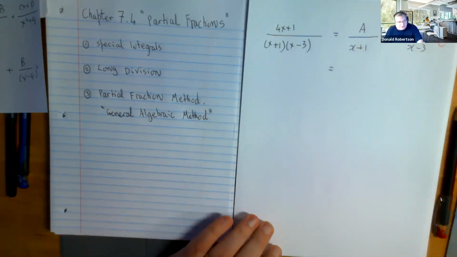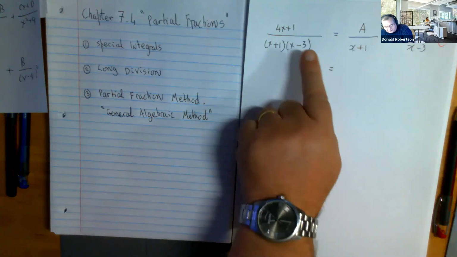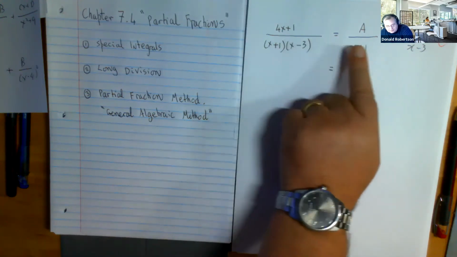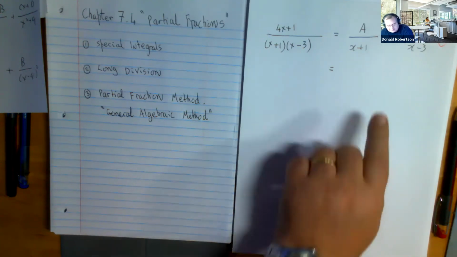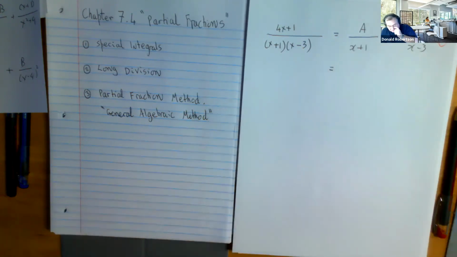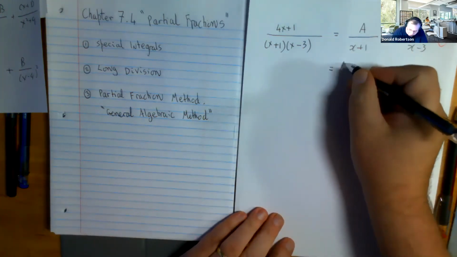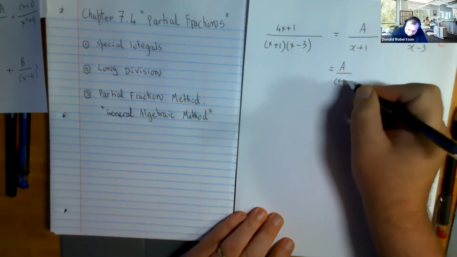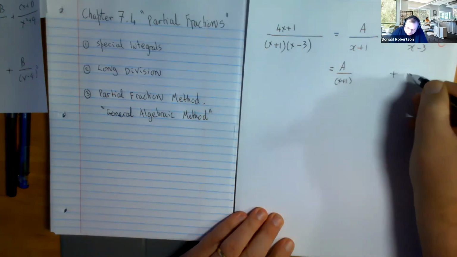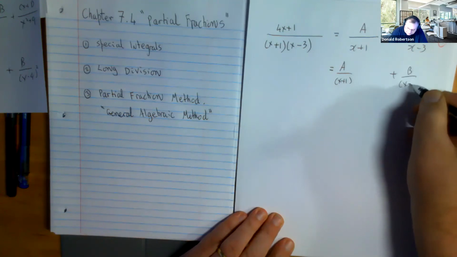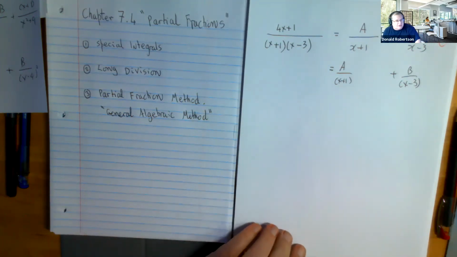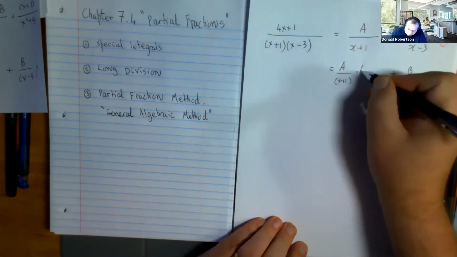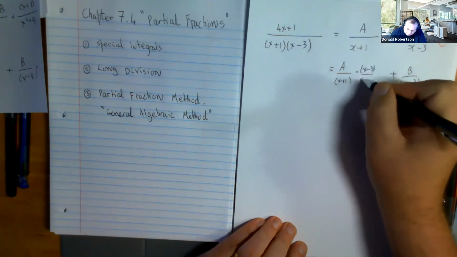So how's this magic going to work? Well, I've taken this fraction and I've said, I can break it into two partial fractions. I'm now going to take those two partial fractions and stick them back together. The only way that you can add two fractions that don't share a common denominator is to give them a common denominator, and the way I do that is by multiplying by a special version of 1.